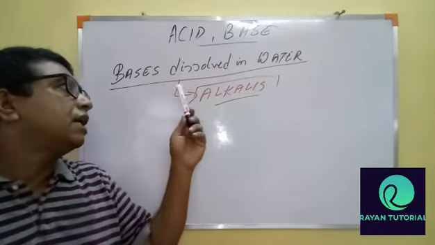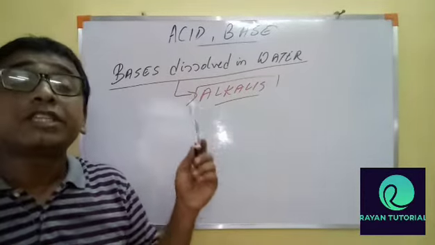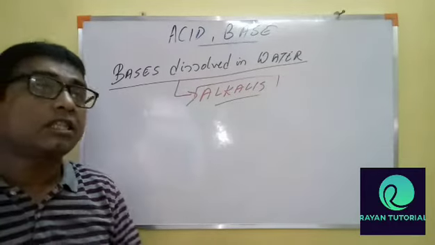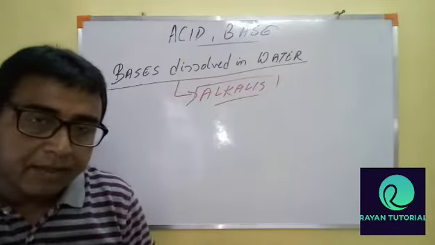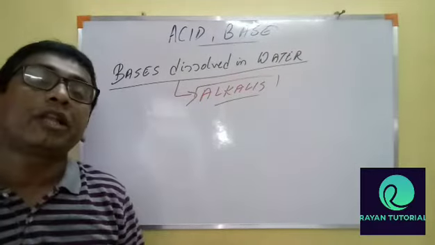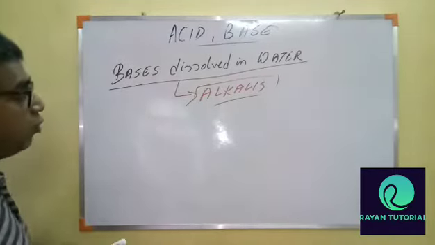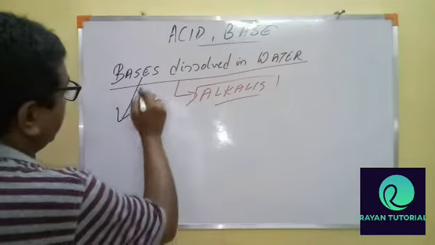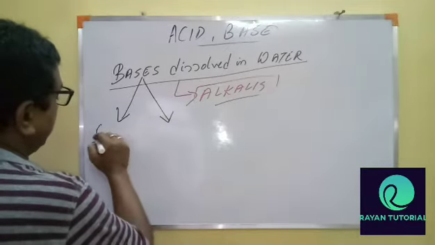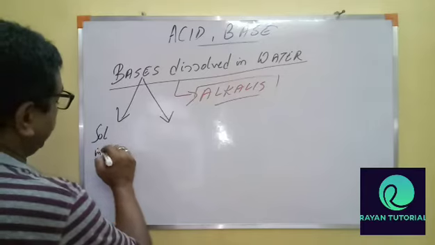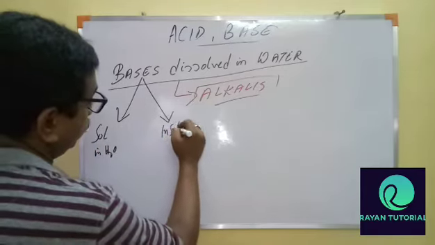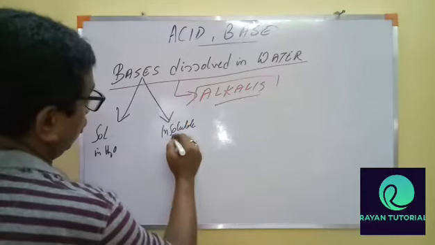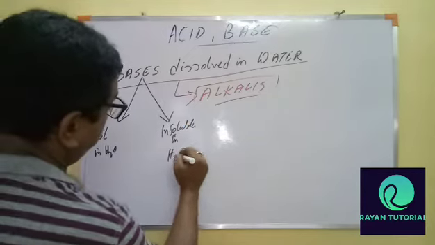All the bases which dissolve in water are called alkalis, and there are some bases which are insoluble in water. So you get bases in two categories: soluble in water and insoluble in water. Clear?